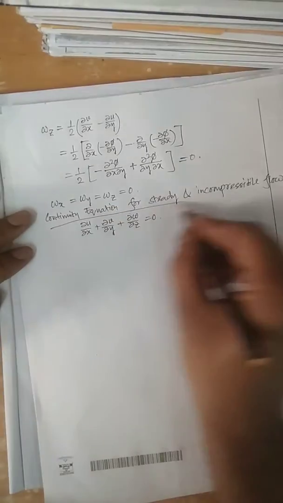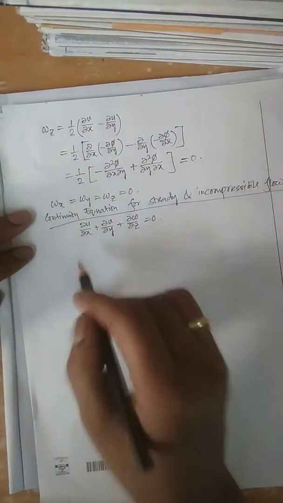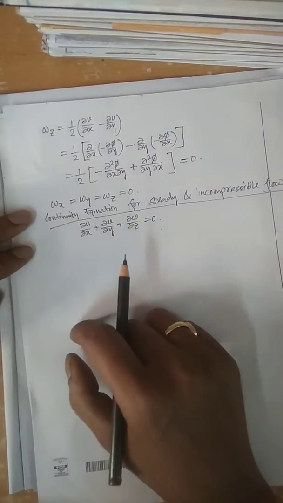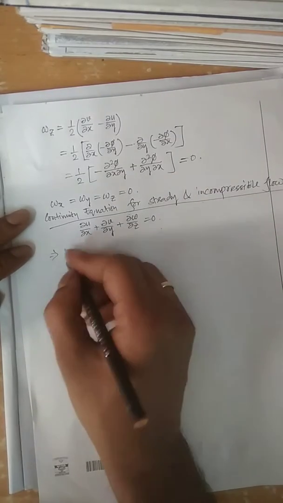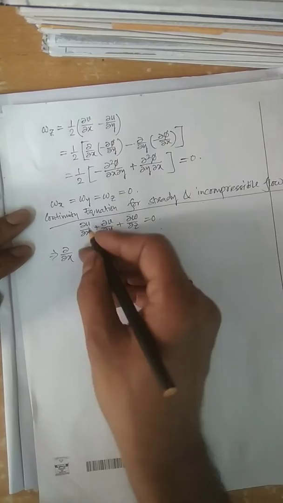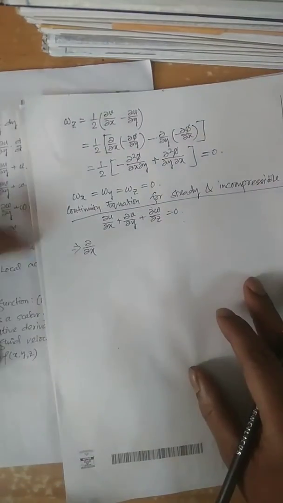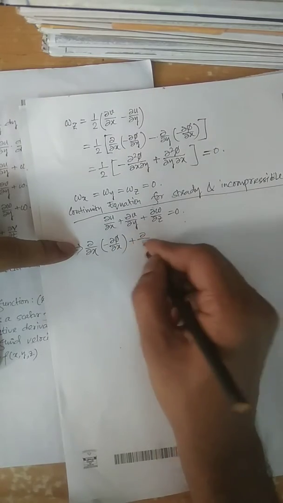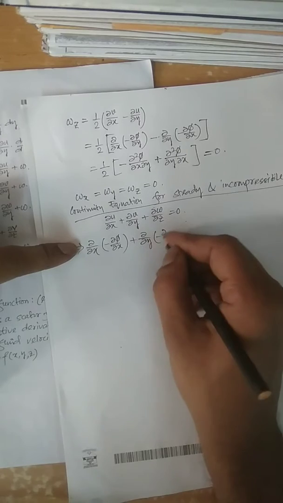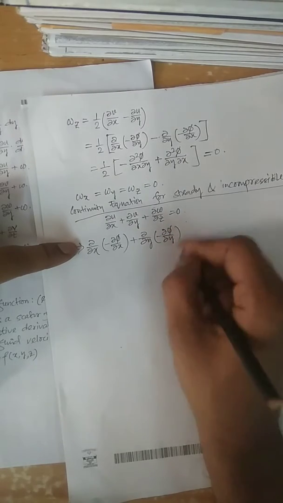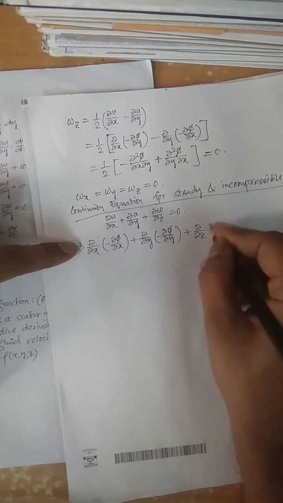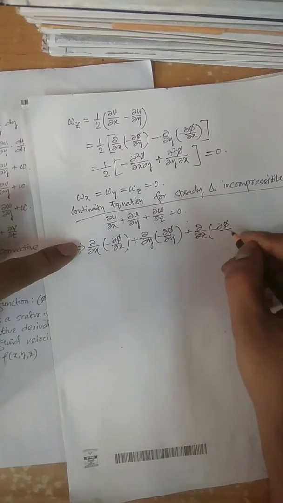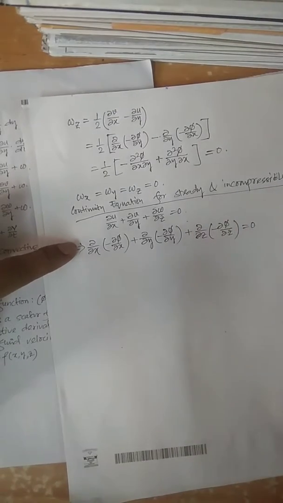Now, u is equal to minus del phi del x, v is equal to minus del phi del y, and w is equal to minus del phi del z.